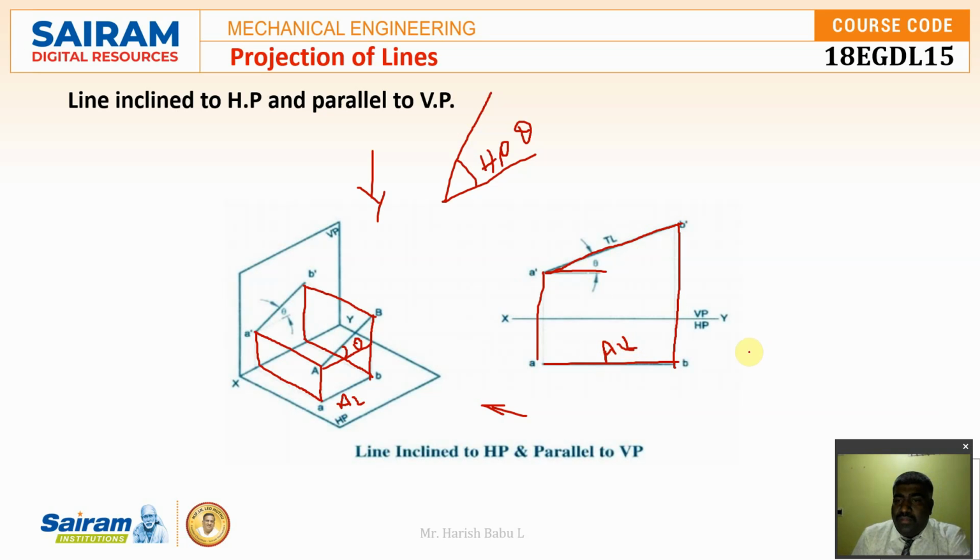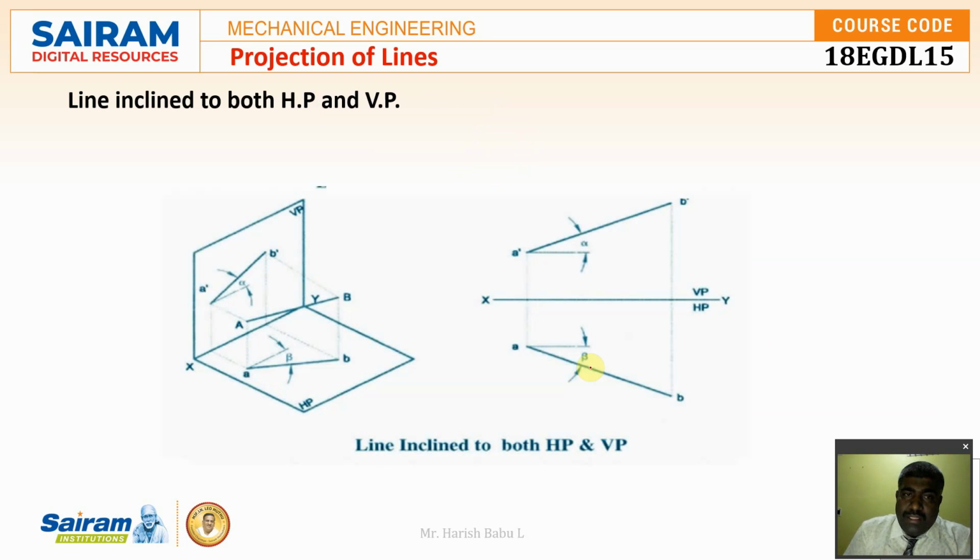The fourth and fifth conditions together can be termed the sixth condition, where the line is inclined to both the reference planes. Here, whenever I observe from the front, I can't determine the true length, and the same from the top, because the line is first parallel, then I incline it to HP, then again incline the same line to VP.